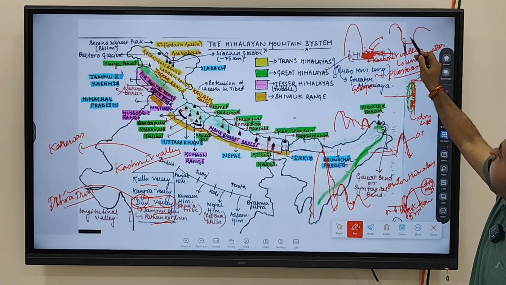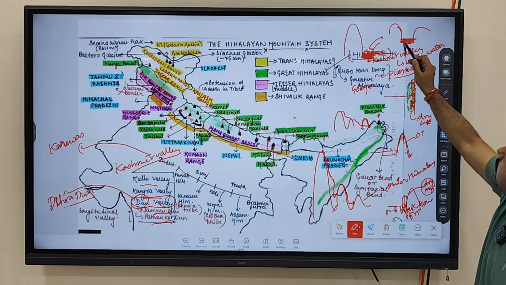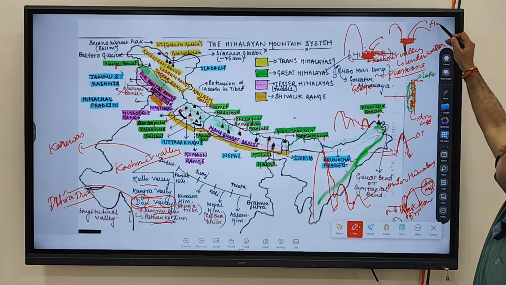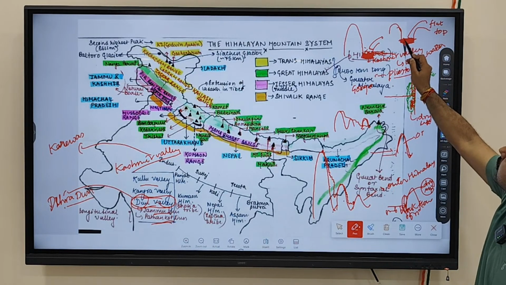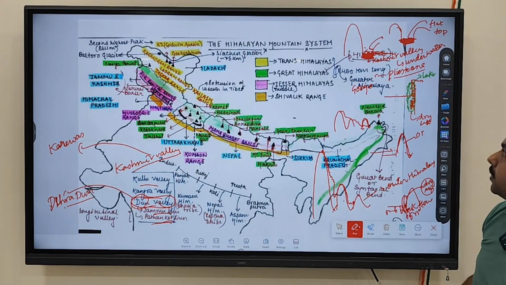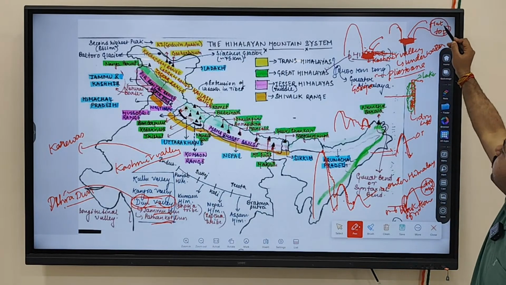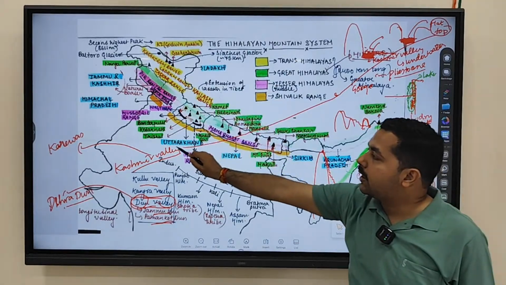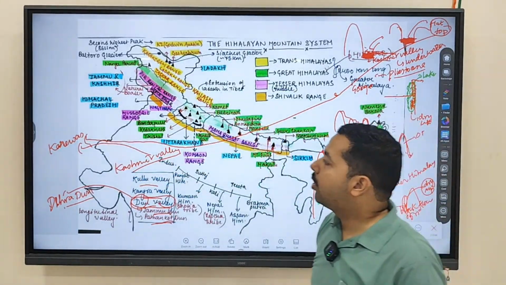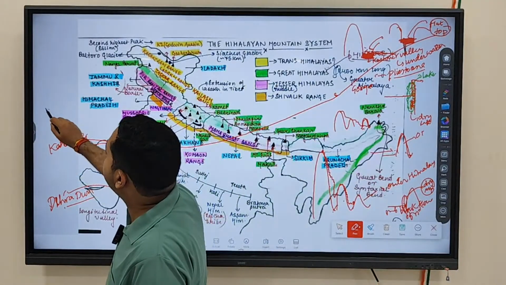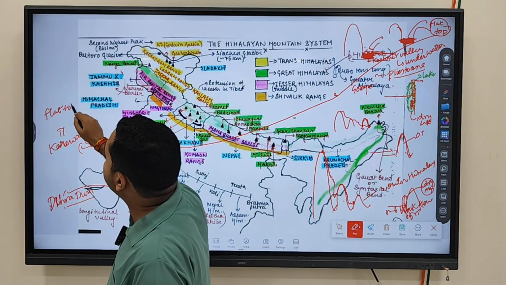This creates what we call a flat top. Which type of top? A flat top. This flat top is referred to as Karewa.